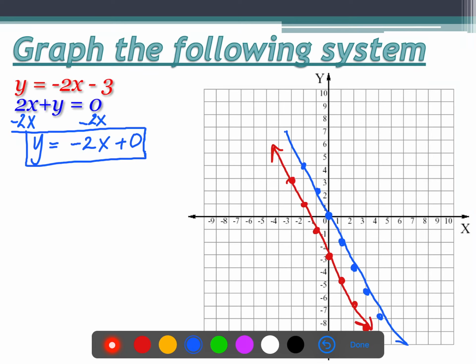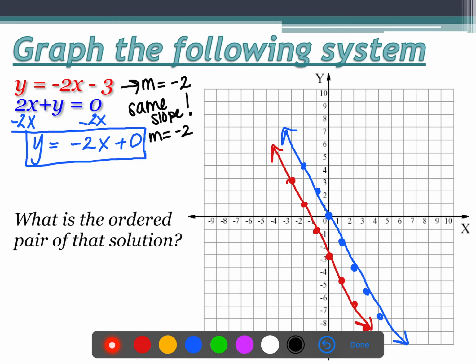So if you noticed before we even started, each of these equations has a slope of -2. Okay, and what did we say about equations that have the same slope? Those are parallel lines. So we know parallel lines will never intersect. So what is my solution? What is the ordered pair of the solution here? There isn't one.